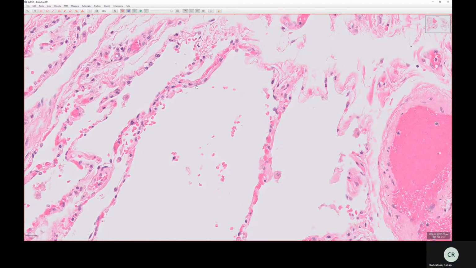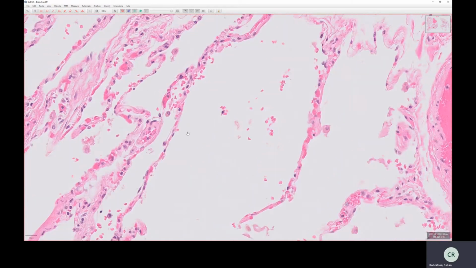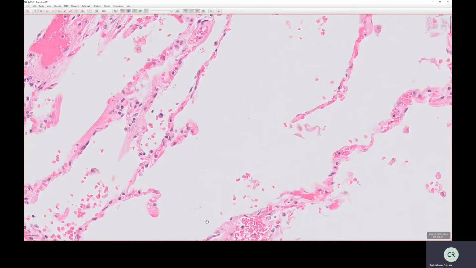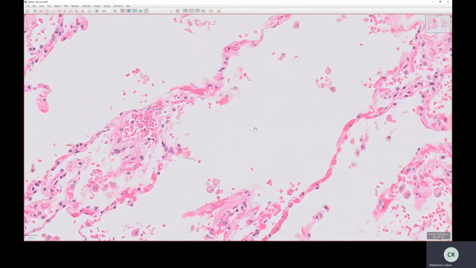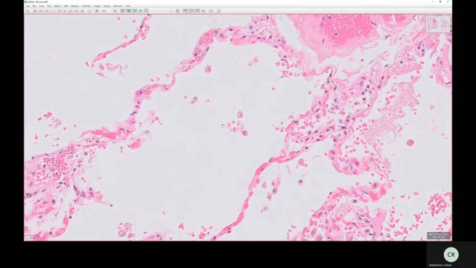Oh yes, this is the other main cell type here. We've got lots of these within the alveoli. We've got alveolar macrophages, which have a central nucleus and abundant, almost fluffy cytoplasm. And if we look around, we'll probably see some that have got some engulfed material within them. This one here has maybe got some stuff in there.